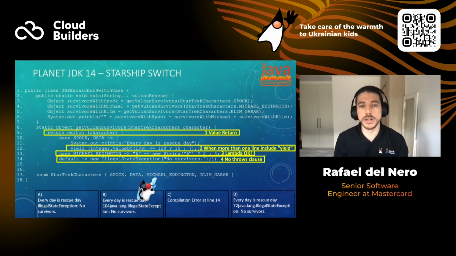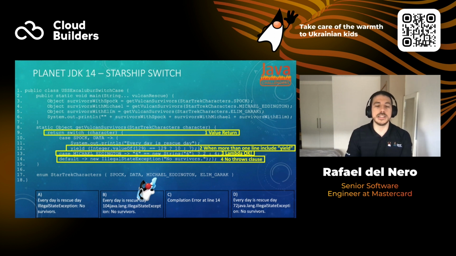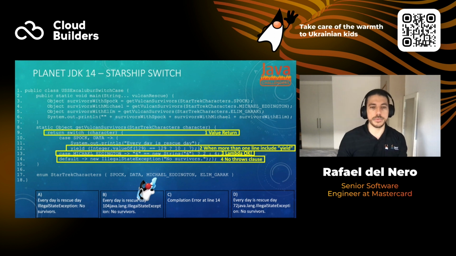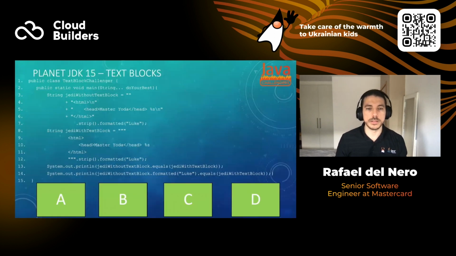It's going to return 4. And then in the end, we are just returning a new illegal exception, but we're not throwing it. So that's why we just print illegal exception, okay? So let's go to the next one.